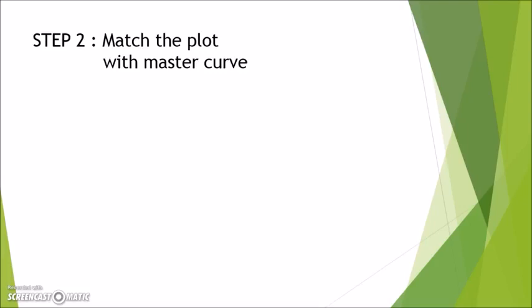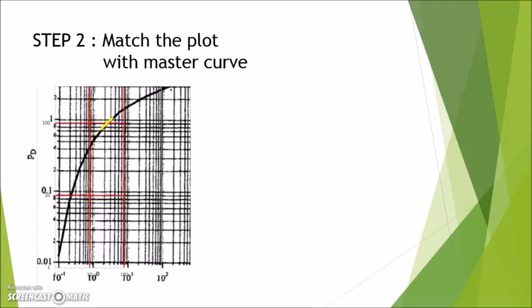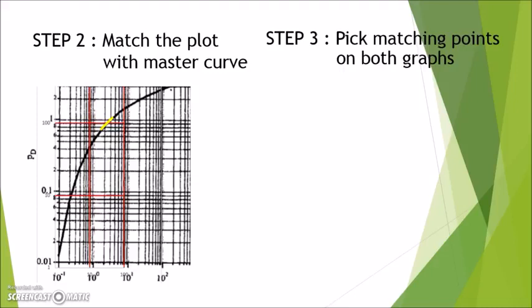As I've said earlier, we need to adjust the plot with the master curve. Here is the adjusted plot. Now that we align the graph accordingly, we can proceed to step 3, picking the matching points from both graphs.